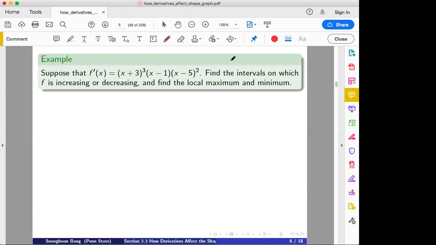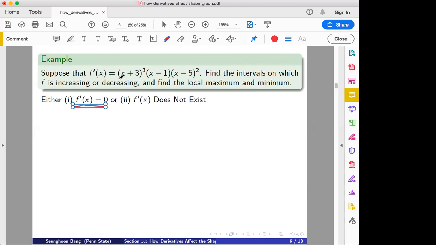You can find the critical numbers first. What's a critical number? f prime of x equal to 0, or f prime of x does not exist. Set f prime of x equal to 0.